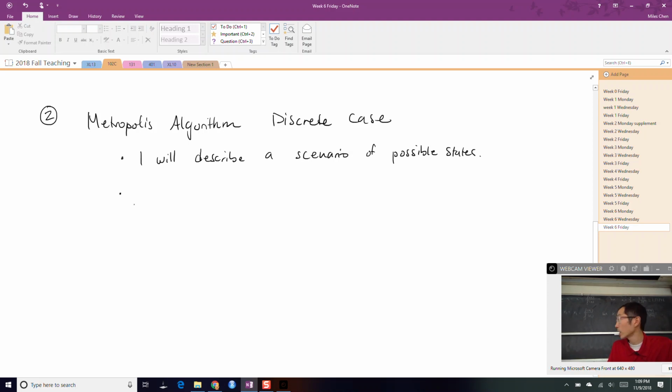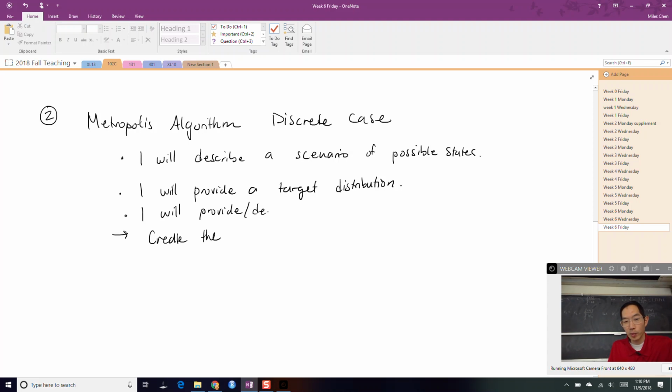I will also provide a target distribution, and I'll also provide or describe a proposal distribution. Okay, and you will create the transition matrix.